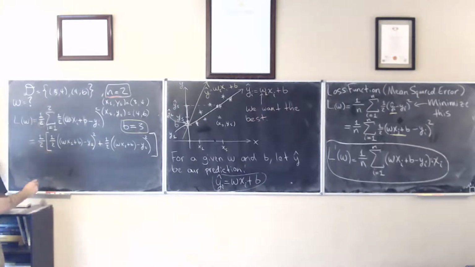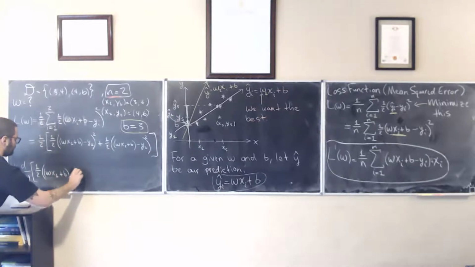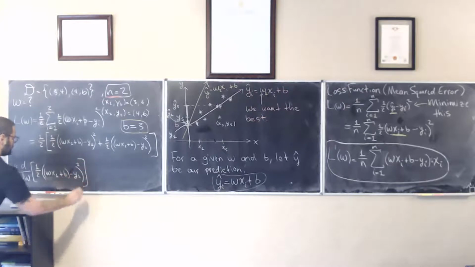So real fast, as a side note, what's the derivative with respect to W of 1/2 times W times x1 plus B minus y1 squared?